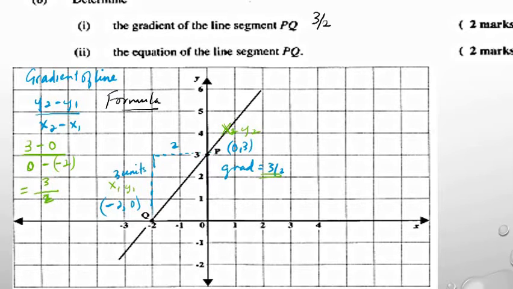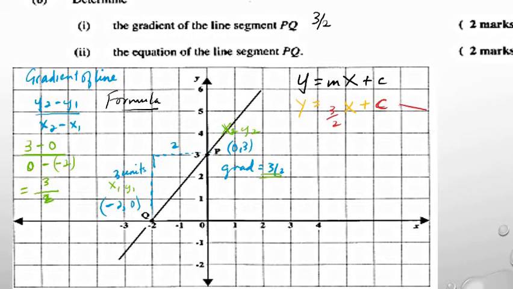Now we have to find the equation of the line segment PQ. The equation of a line is given in the form y is equal to mx plus c. I already have the gradient, which is 3 over 2. So I could simply say that y is equal to 3 over 2 x, and I have to find this value c now.